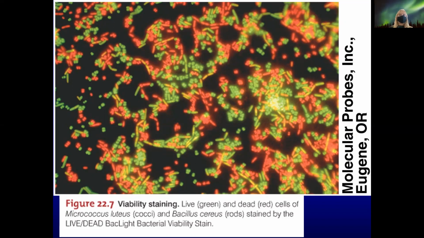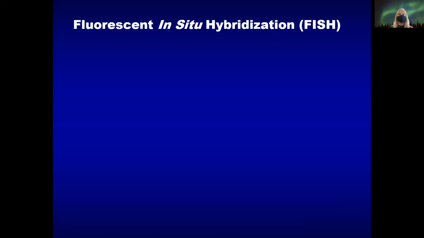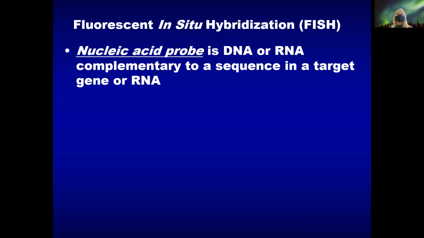Radiated chemicals tagged with radiative molecules are quite expensive. You've probably heard of FISH, which stands for fluorescent in situ hybridization, which is basically creating a probe, a small stretch of DNA, and then labeling it with a fluorescent tag.